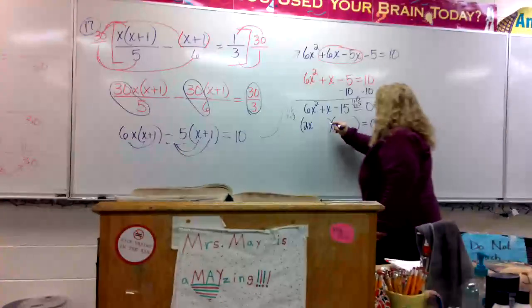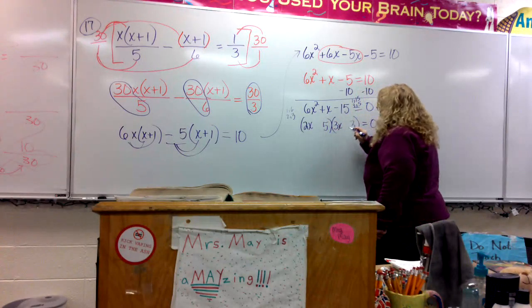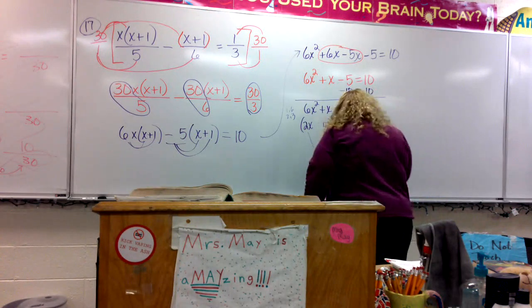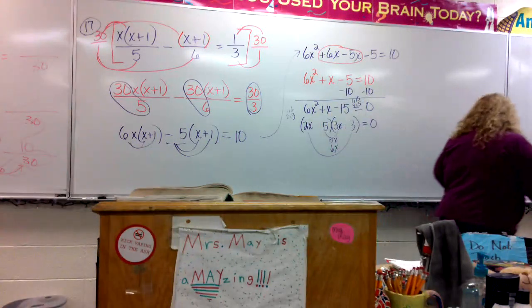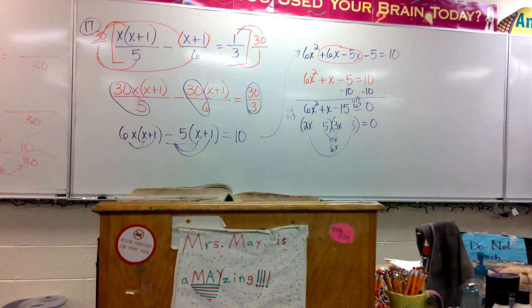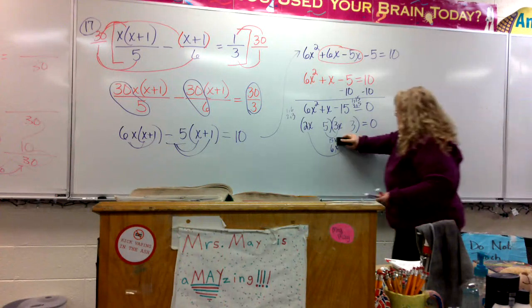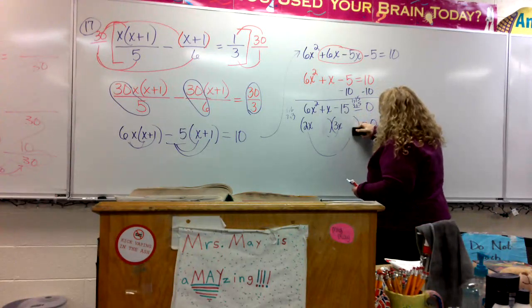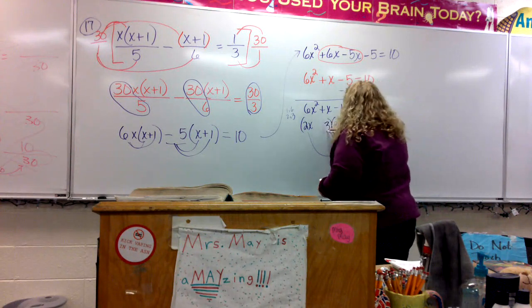And which way should I put it? If I do 5 and 3 here, this is 15x, and this is 6x. That's not quite going to do it, right? What about if I swap them? What about if I swap and put the 3 first? How about 3 here, 5 there?